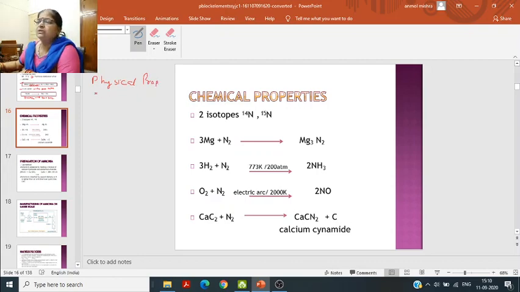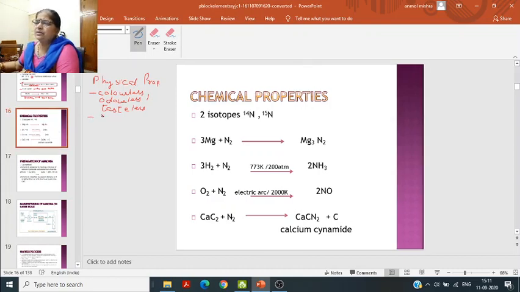Number 1, it is colorless, odorless, tasteless, non-toxic, very low solubility in water, low freezing and boiling point.